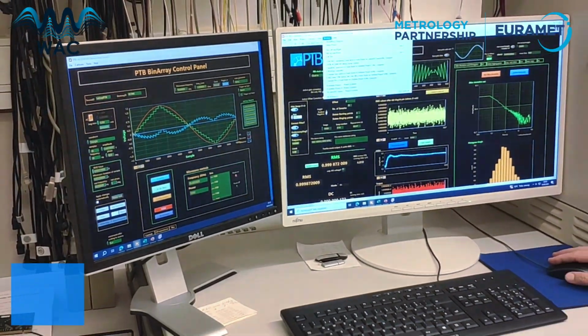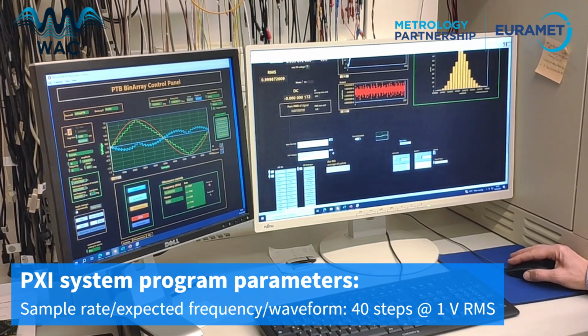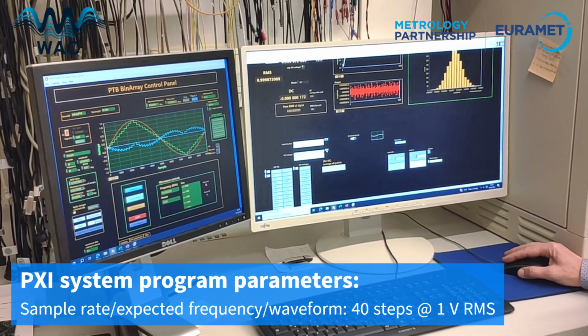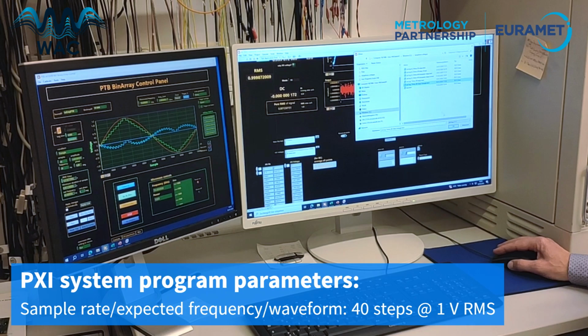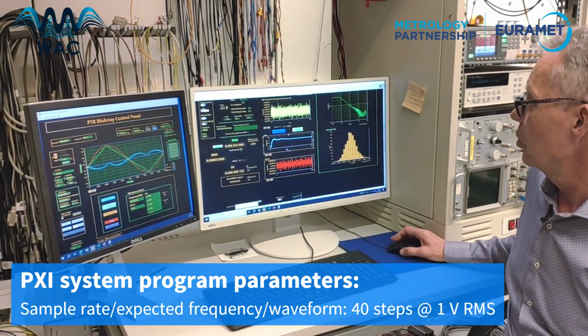In this manual program I have to tell the program that the basis for our measurement is a different file. It's 40 steps, 20 hertz.